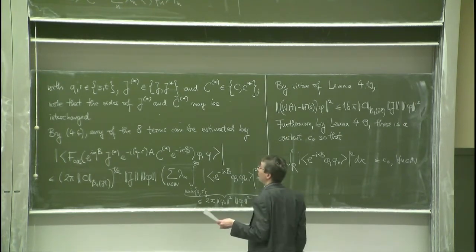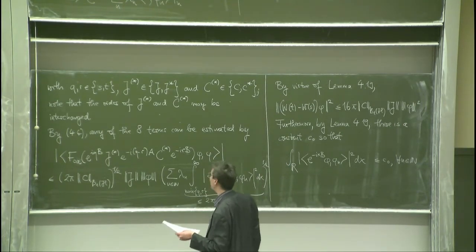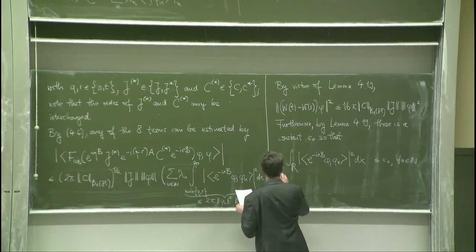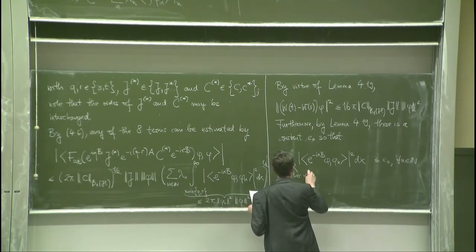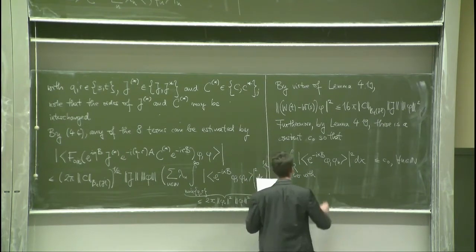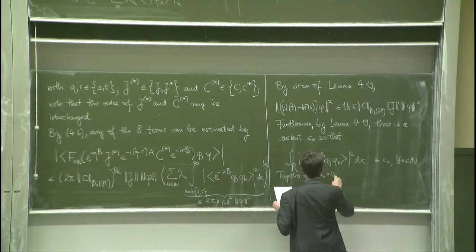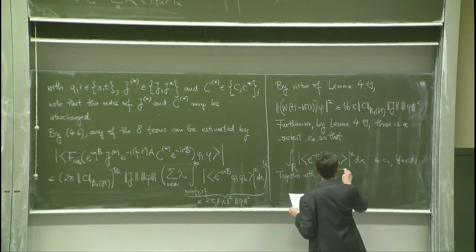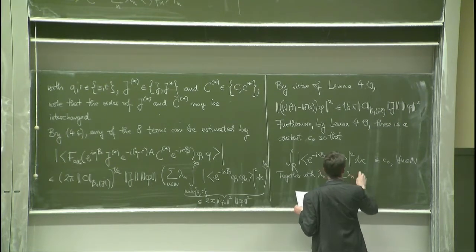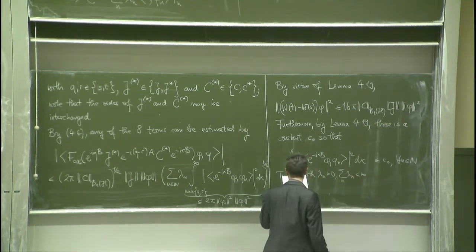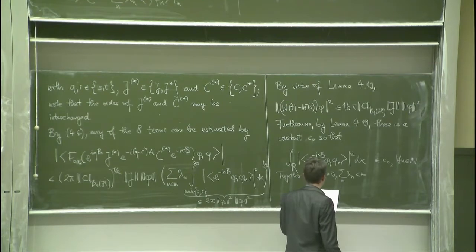I hope that we have enough free space here. Let's do it here. Together with the fact that the lambda n are positive, that the sum over n of the lambda n is finite, we can apply Beppo-Levi's monotone convergence theorem.